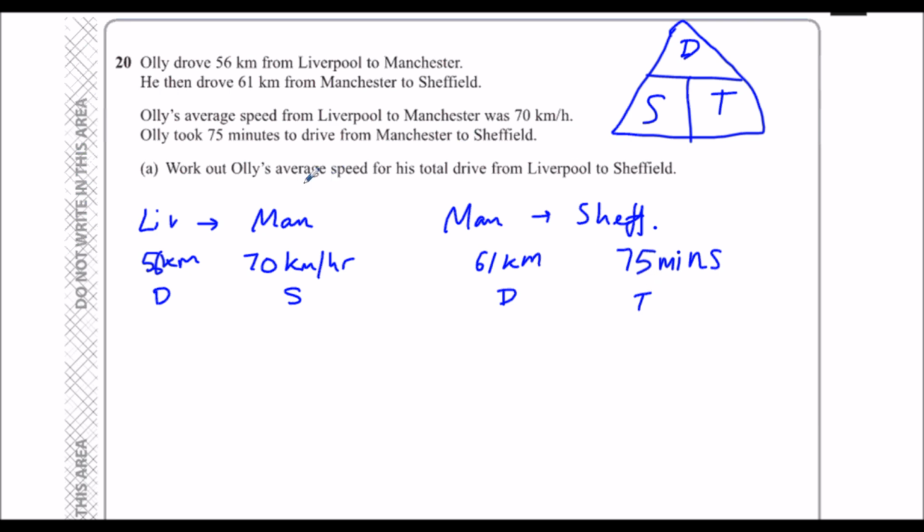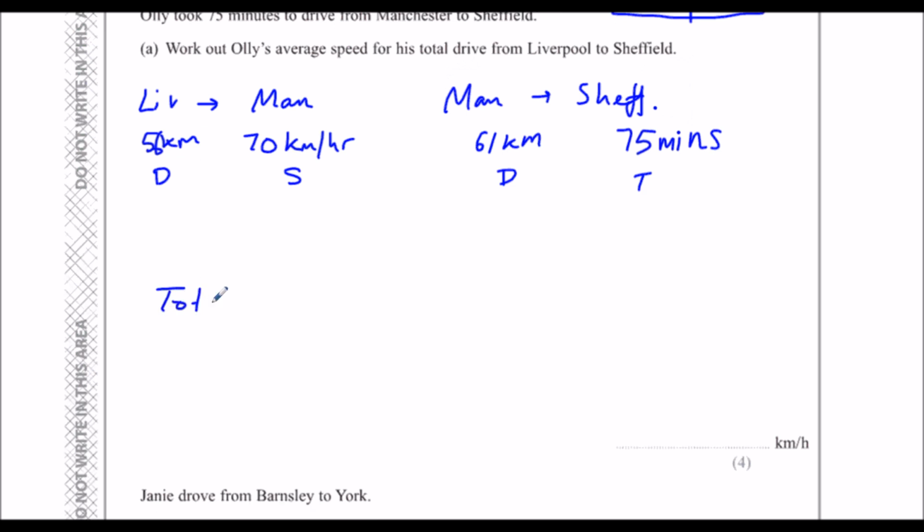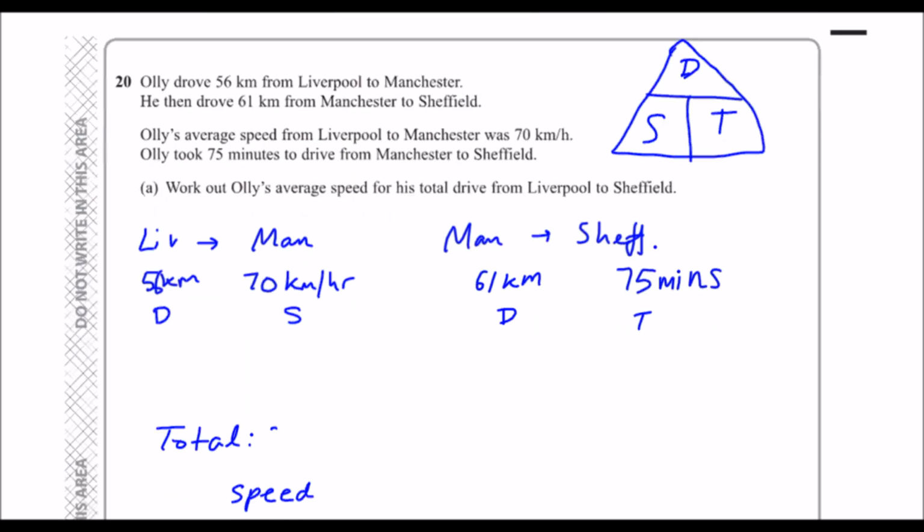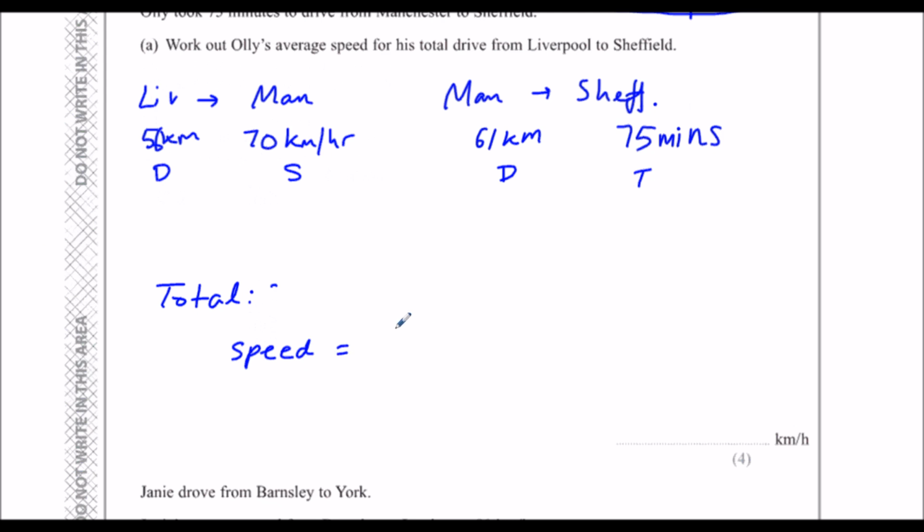We're going to work out the average speed for the whole journey, so we're going to do total journey, and we're going to work out speed, which is distance over time. So we need to know total distance, which we already know if we add these two up, over total time, which we don't already know.